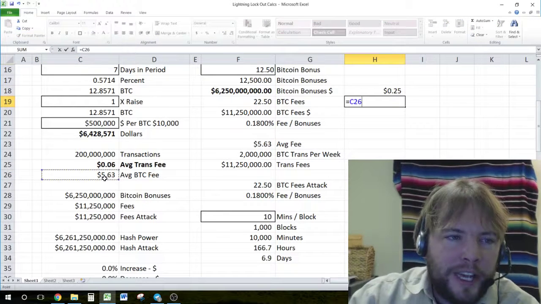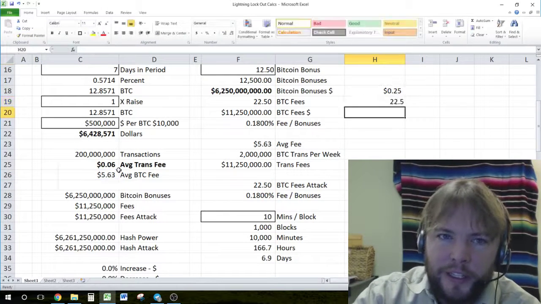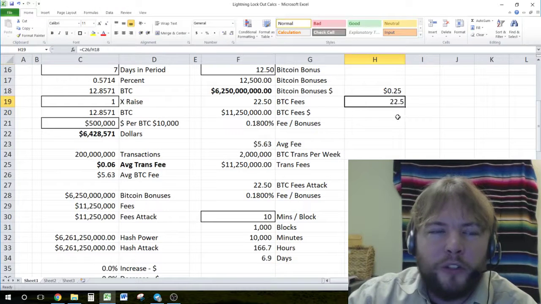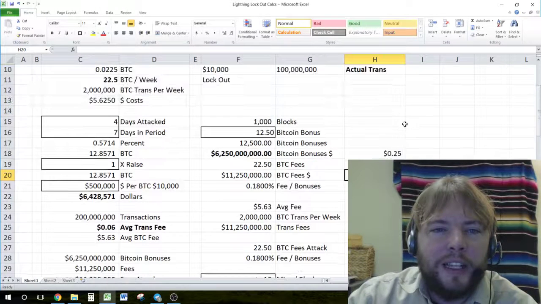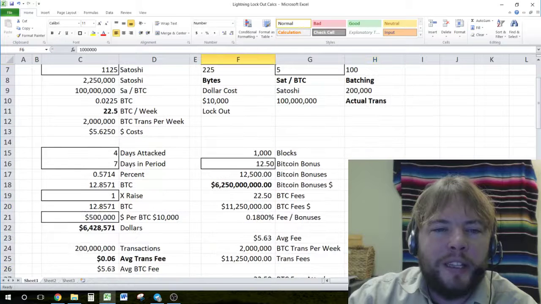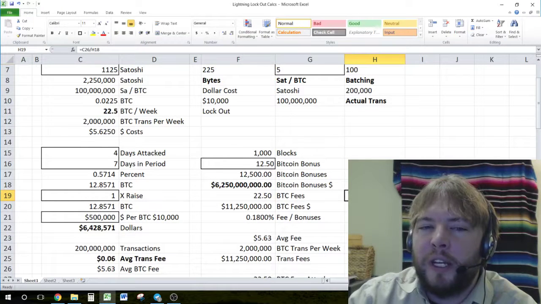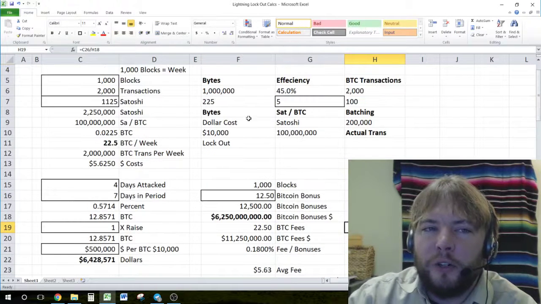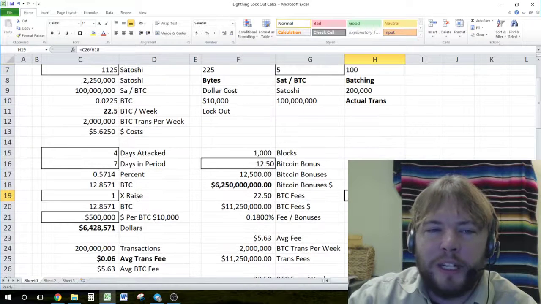Well, now we take this average Bitcoin transfer fee divided by a quarter, we get 22.5x, and then if you multiply that by 1 megabyte, that means 22.5 megabytes per block. So a 20x increase in block size.